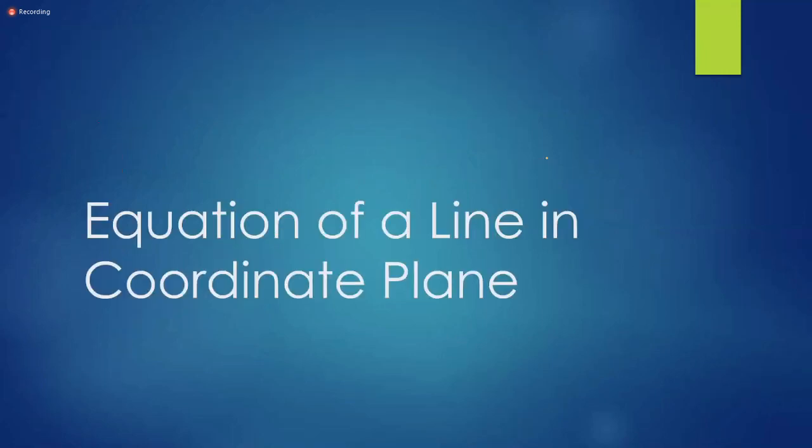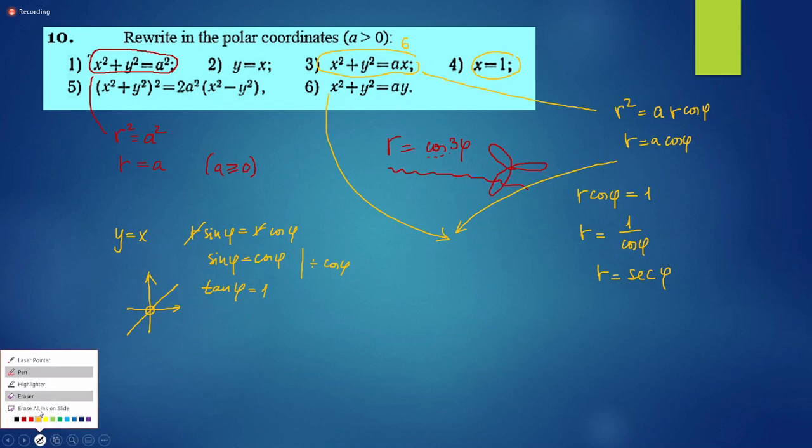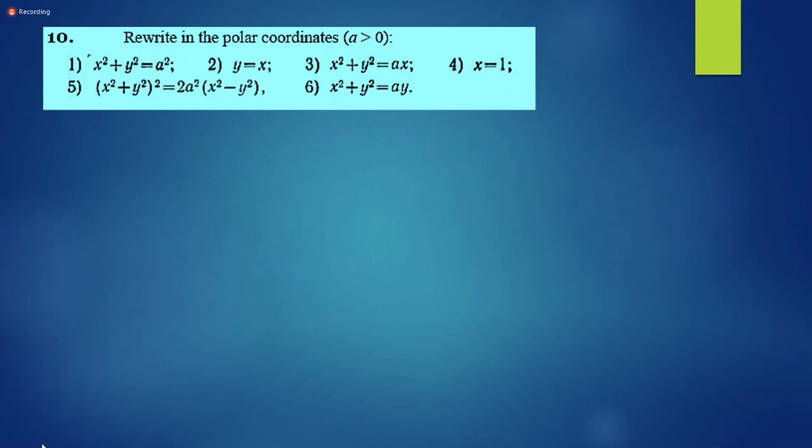That was this. Yes. I would like to discuss number 5 because this is one of the most interesting and, if I say so, most beautiful curves, which is called the lemniscate of Bernoulli.